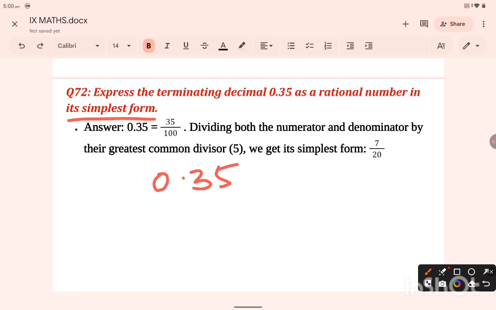Now count the digits in the decimal part. How many digits are here? 1, 2 digits. They are 2.